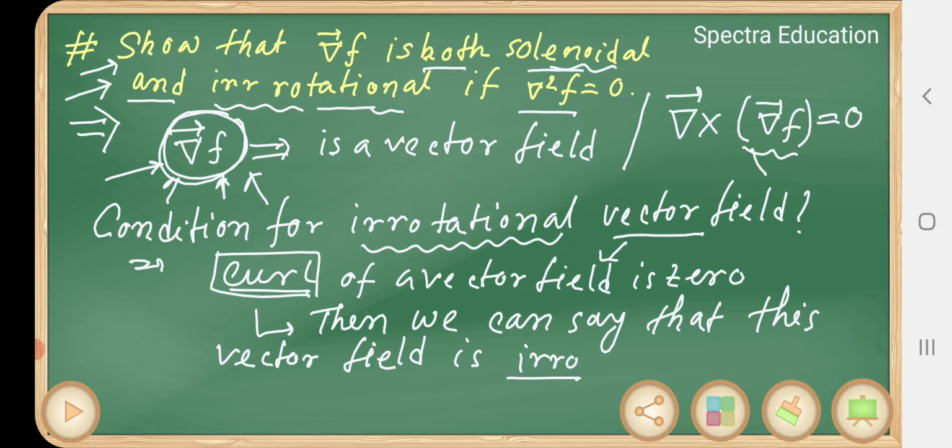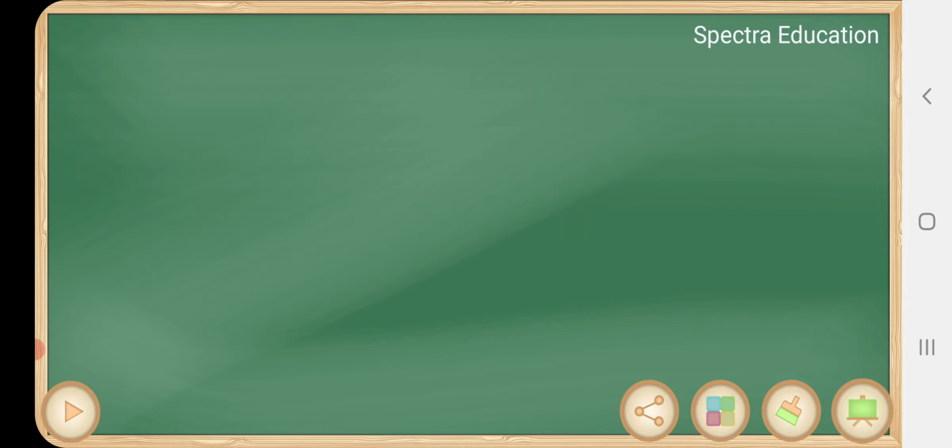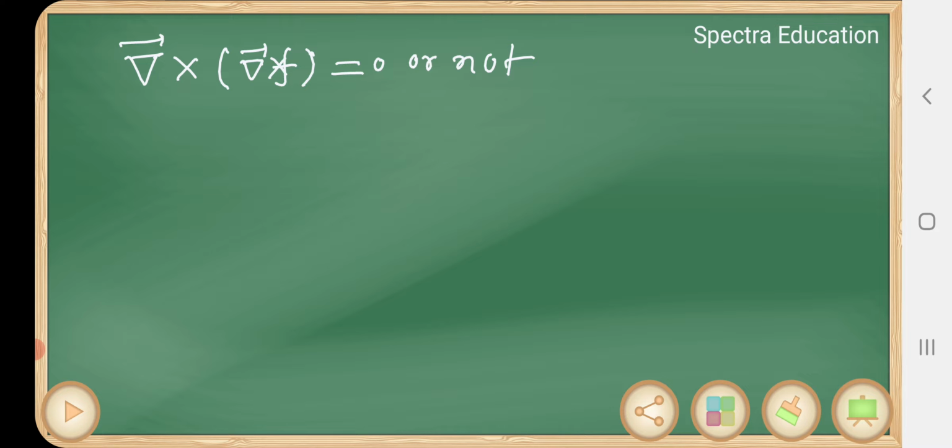I think you can keep this question with you. So we have to first prove whether curl of gradient of F is equal to 0 or not. From the property we can directly say that curl of gradient of any scalar field is always 0. So let's try to prove that one.